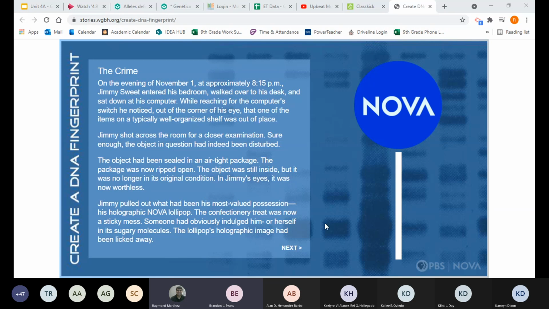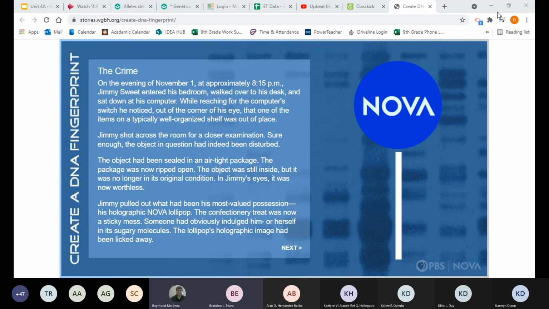On the evening of November 1st, at approximately 8:15 p.m., Jimmy Sweet entered his bedroom, walked over to his desk, and sat down at his computer. While reaching for the computer switch, he noticed out of the corner of his eye that one of the items on a typically well-organized shelf was out of place.